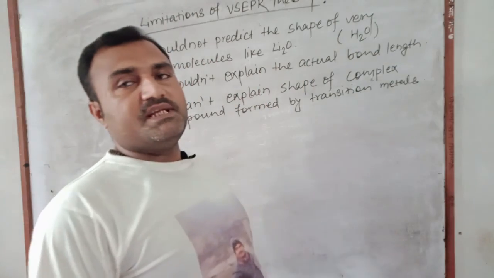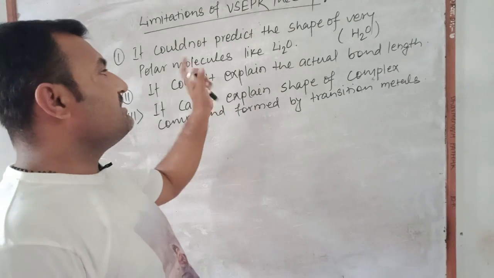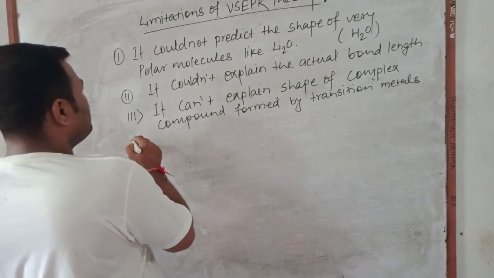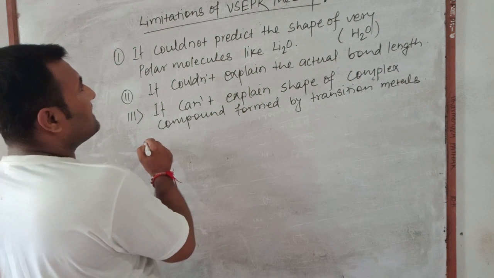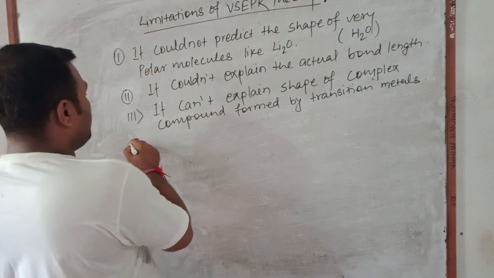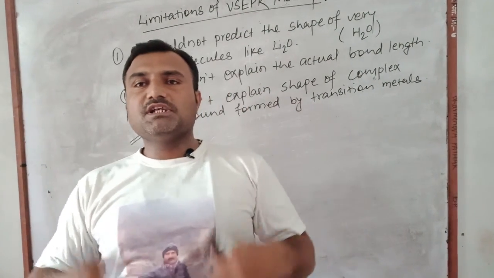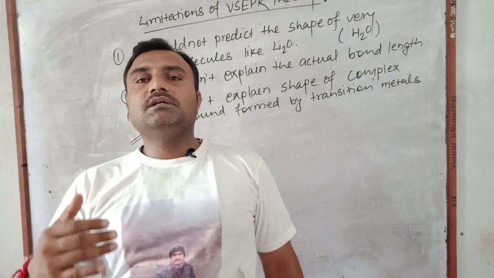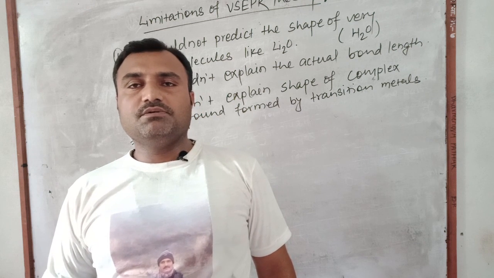Transition metals form various types of complex compounds, and their shape and geometry can't be explained with the help of this theory. Due to these limitations of VSEPR theory, to explain more molecular structures we study other theories like valence bond theory in the next video. Thank you.